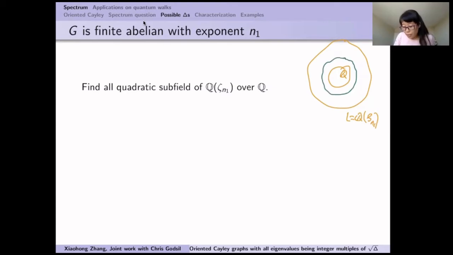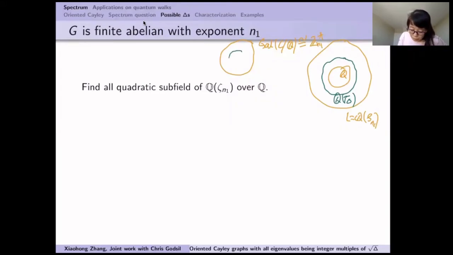We consider a quadratic extension, the quadratic subfield of the cyclotomic field. So again, here we have the Galois group over Q. We might know that this is isomorphic to the multiplicative group modulo N1.